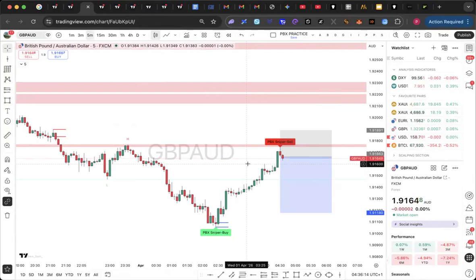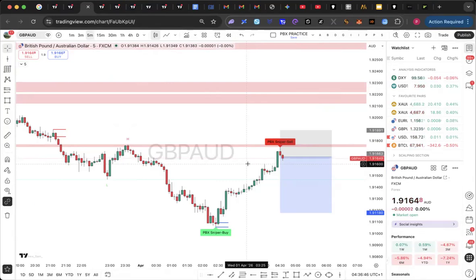So your stop loss will be above, okay? And my own stop loss now, I'm going to put 1.91891 as my stop loss.